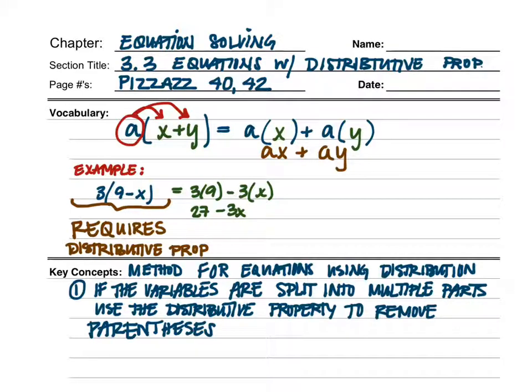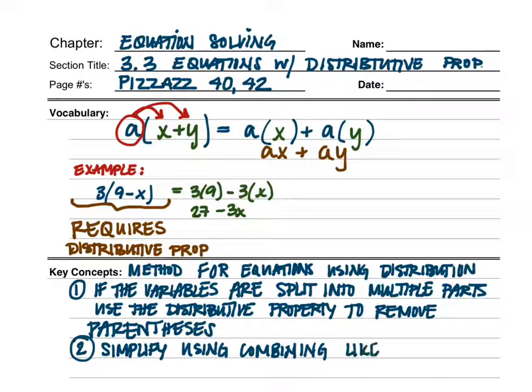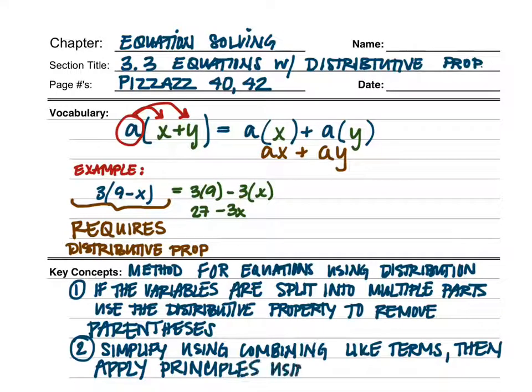The second step would be when we have to simplify using combining like terms. Then apply the principles. I'm ahead of myself. So make sure that you simplify using combining like terms, and then apply the principles we've been using on notes 3.2.